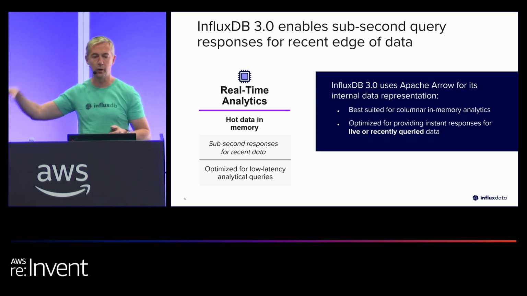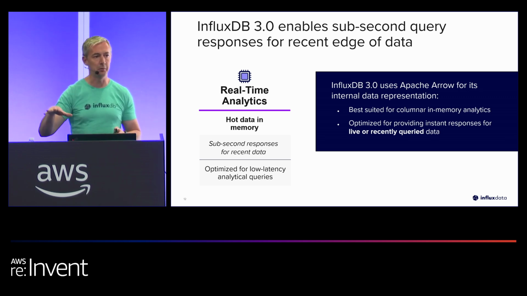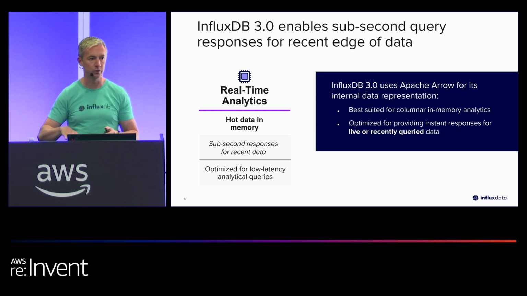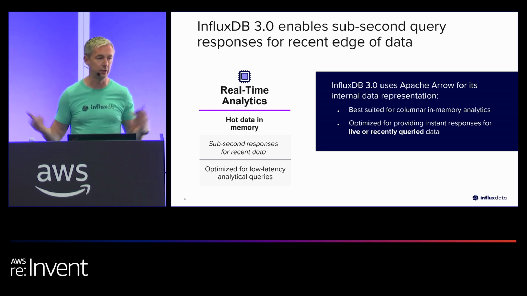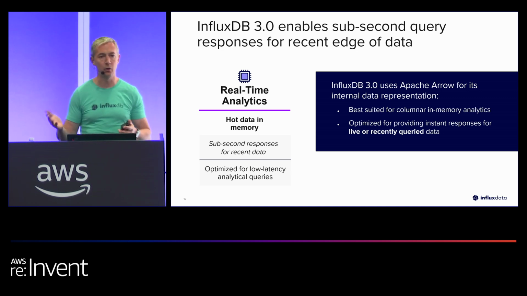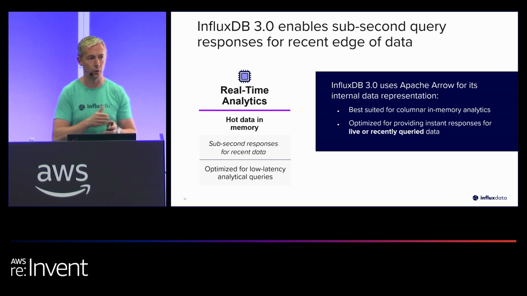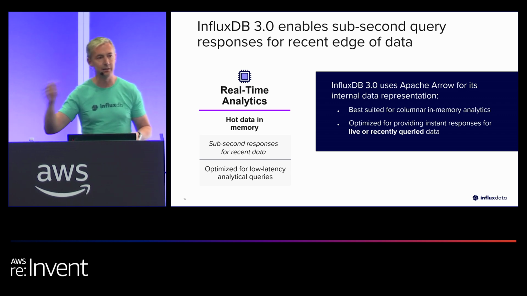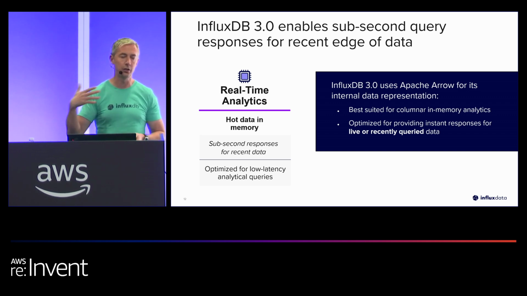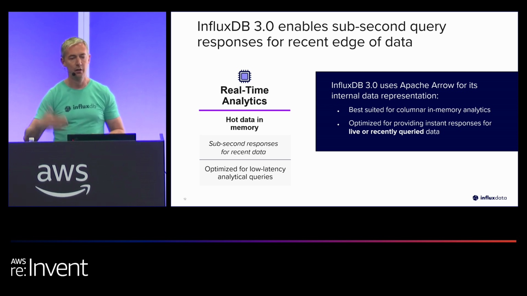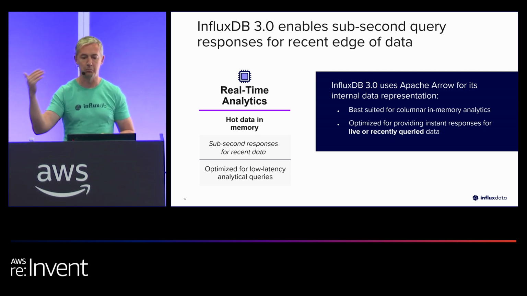And then you have a query execution tier that has to be able to read data from object storage and know what to cache and keep on a local disk to be able to answer all of these queries very, very quickly. So InfluxDB 3.0 is optimized basically for answering queries against that leading edge of recently ingested data in less than a second. And again, for our use cases, this is very important for real-time dashboards, for automation and control systems, and monitoring and alerting.